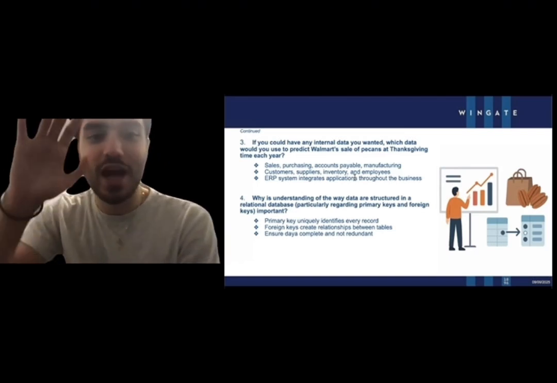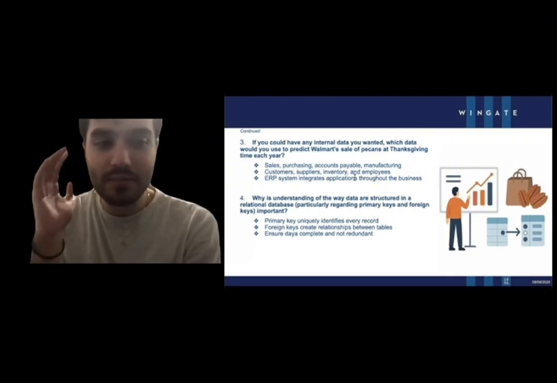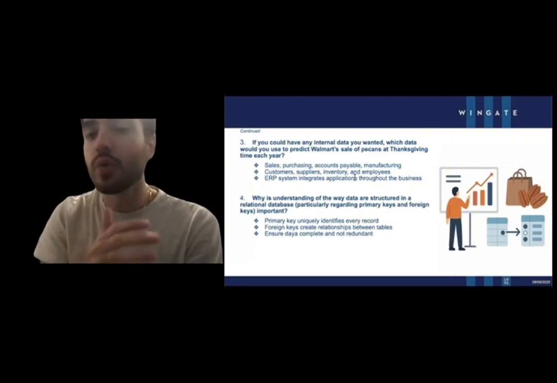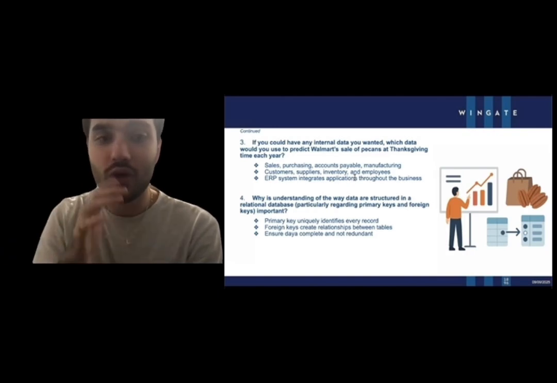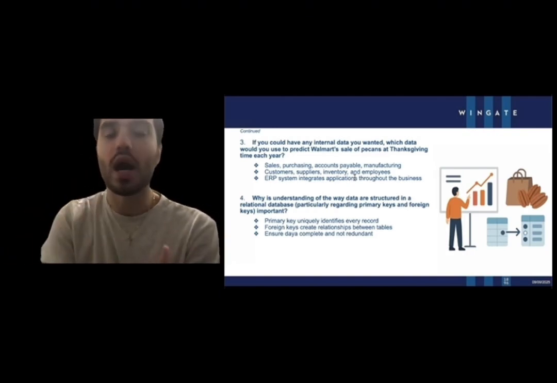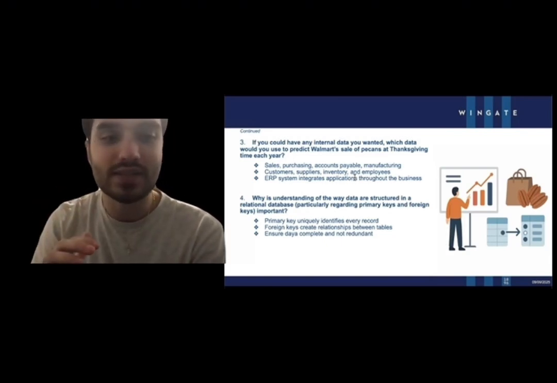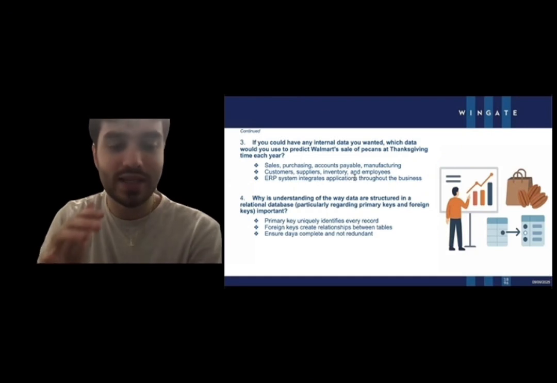This combination helps them forecast demand, avoid overstocking, and make sure customers always find what they are looking for and need.